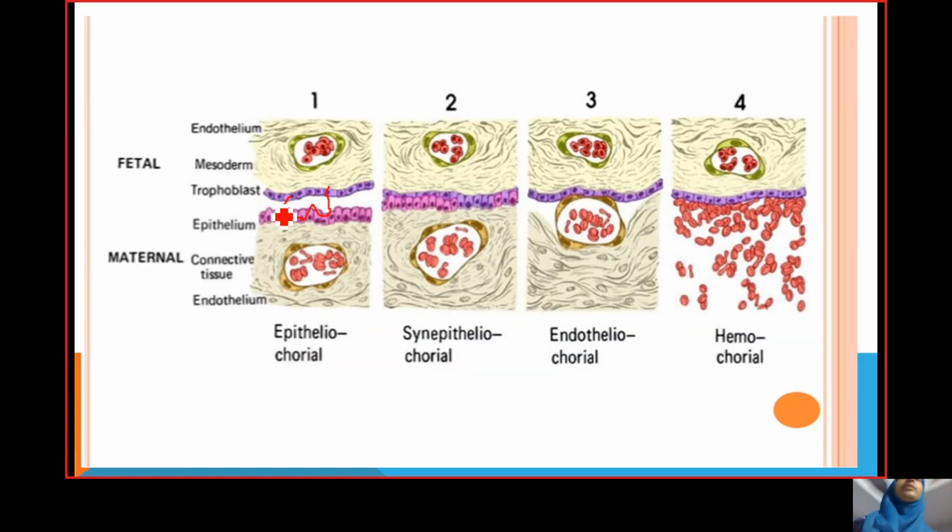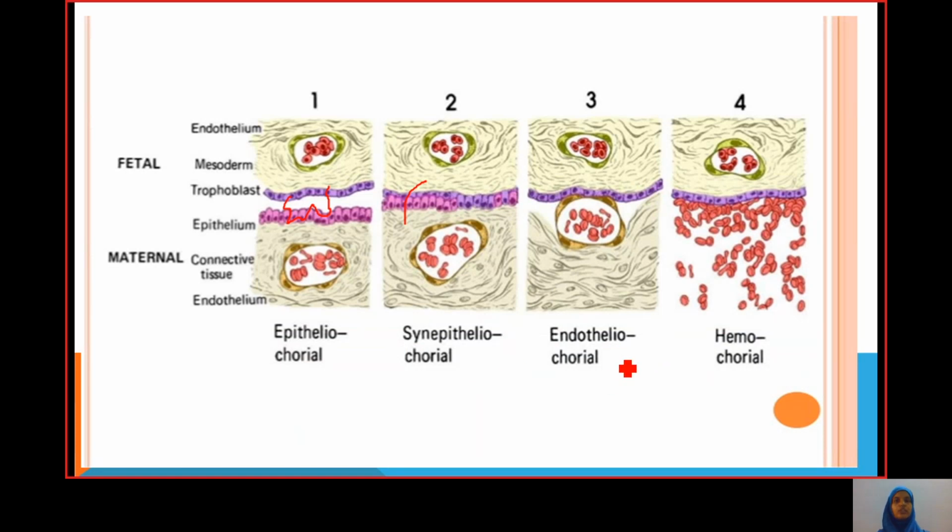That is called the epitheliochorial placenta. Next we will discuss the syndesmochorial placenta. Here the mother's epithelium tissue has disappeared or been damaged. Directly the mother's connective tissue is attached with the chorionic villi, so it is the syndesmochorial placenta.